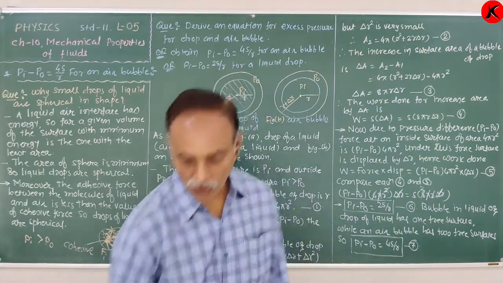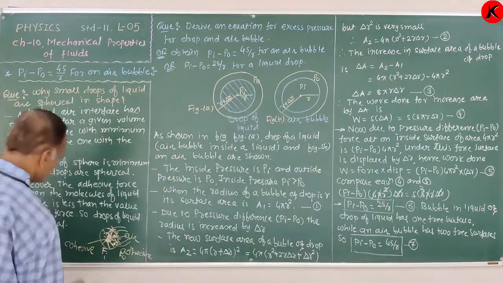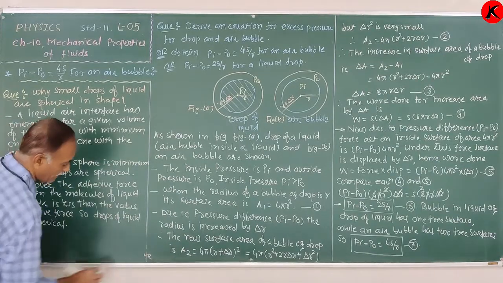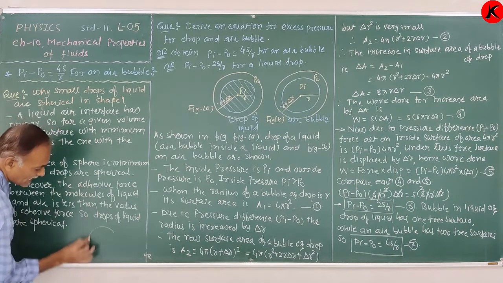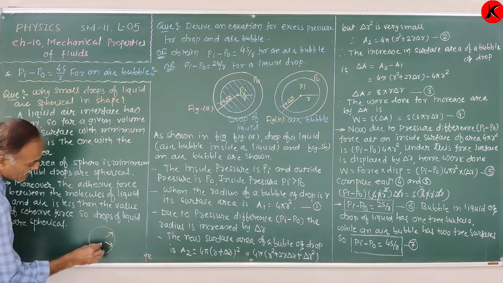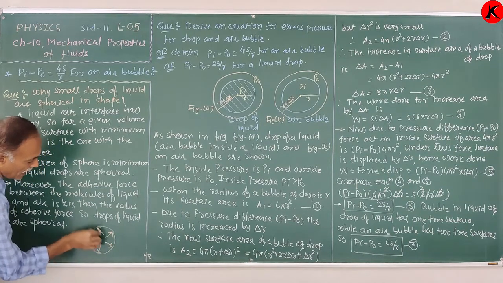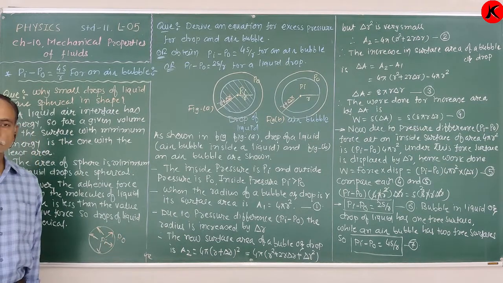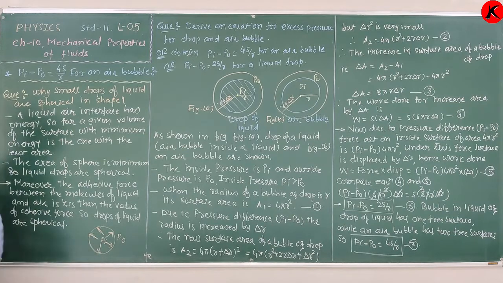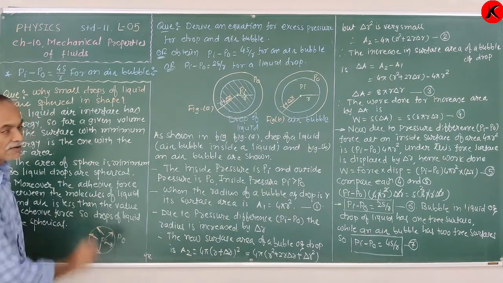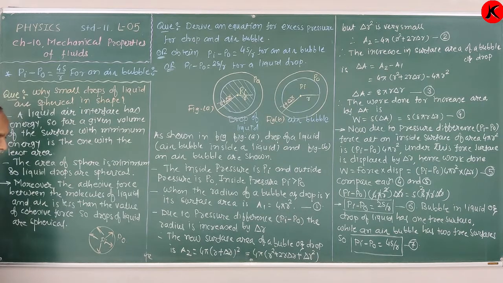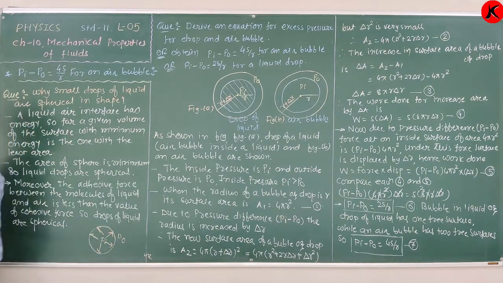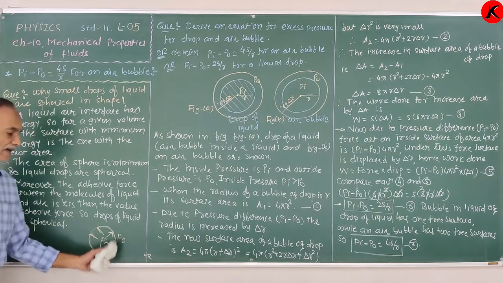Therefore, in the case of an air bubble or a liquid drop, there is a tendency to expand its volume because the inside pressure is much more compared to the outside pressure. The inside force is much stronger than the outside adhesive force, and due to that reason, a drop of liquid or an air bubble is always spherical in shape.